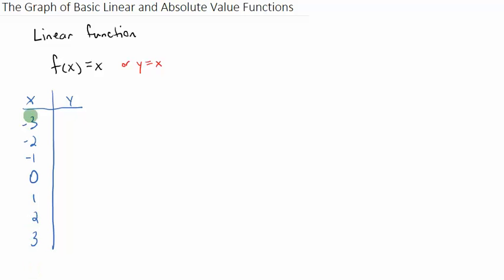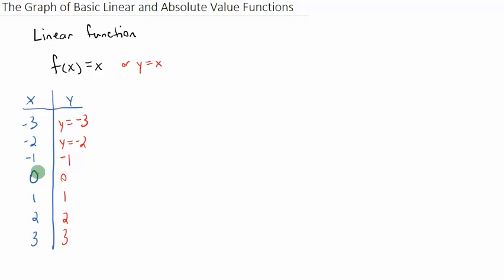And of course, I know that I could plug in all kinds of other x values, but what I'm trying to do here is learn the behavior of this function so that I can imply what the rest of the graph looks like. So if x is -3, and I know that y equals x, then I know that y equals the x value, which is -3. And similarly, if x is -2, because of this equation, I know that y also equals -2. And then the same is true for the rest of these values as well.